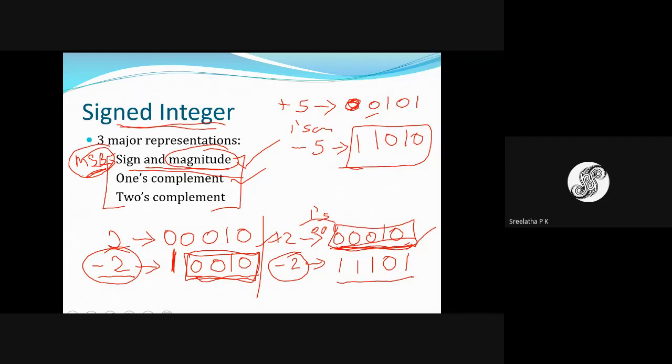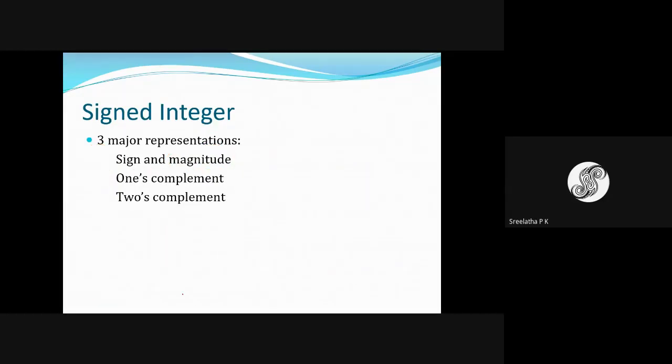Okay. Now coming to 2's complement. I think that all of you know how to find the 2's complement of a bit pattern. Suppose I take plus 2, it is 00010, correct? So how do you find the 2's complement?